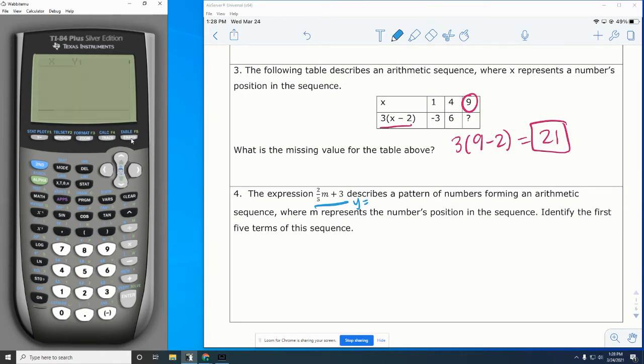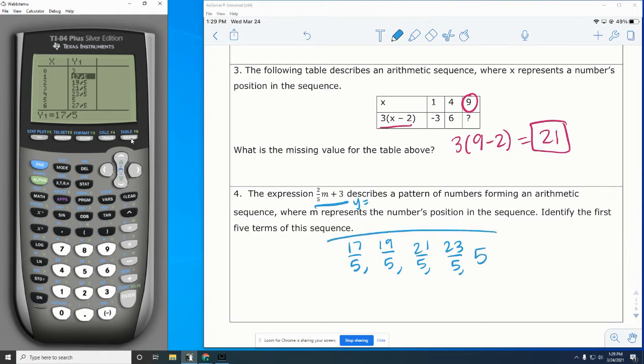And then I'm going to go to the table. The first term is 17 over 5, so I'm writing the y values for 1 through 5. So these are the first 5 terms of the sequence. Remember, it's the first term, the second term, third term, fourth term, and fifth term.